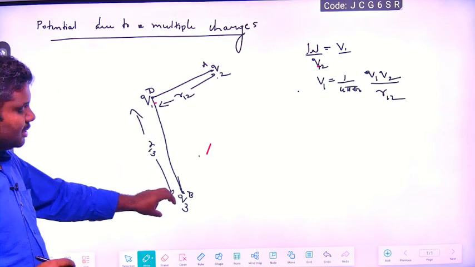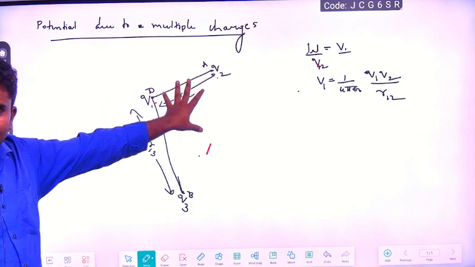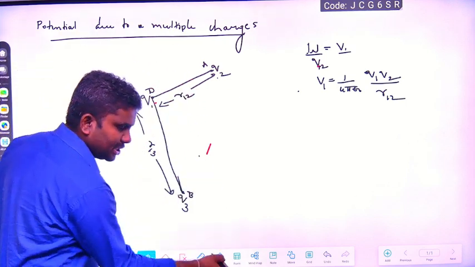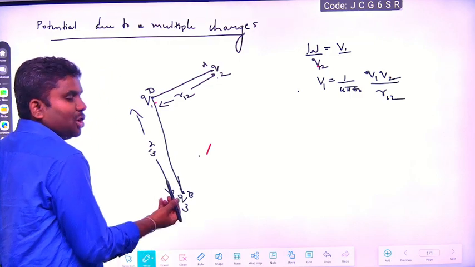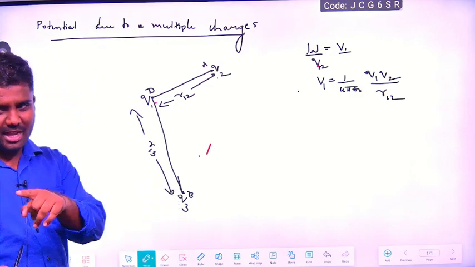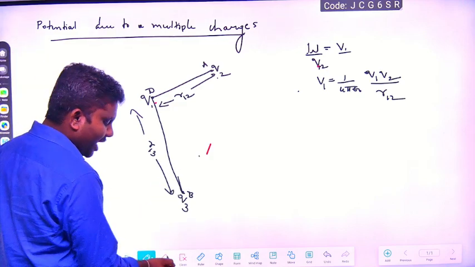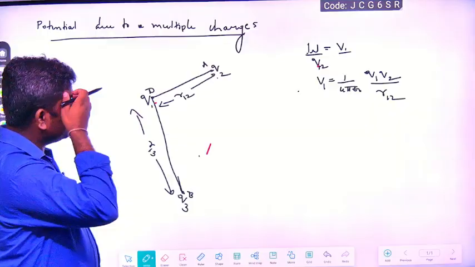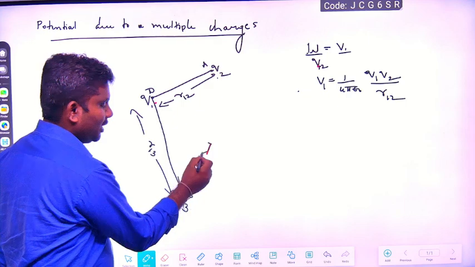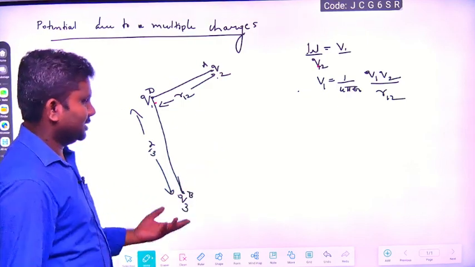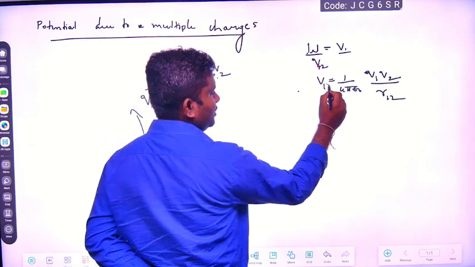Now this charge is in the region of field, and the field will act in the opposite direction. I am bringing the charge opposite to the field, so I need to do some work. What is the work?